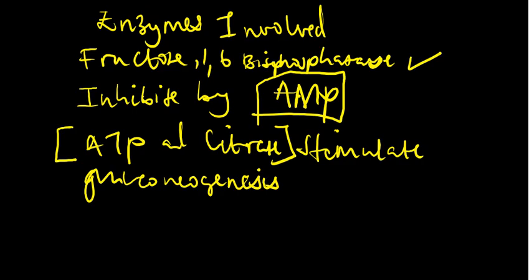All right, so fructose 1,6 bisphosphatase that's found in the liver and the kidneys can also be inhibited by fructose 2,6 bisphosphate.